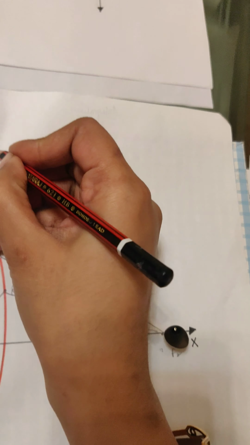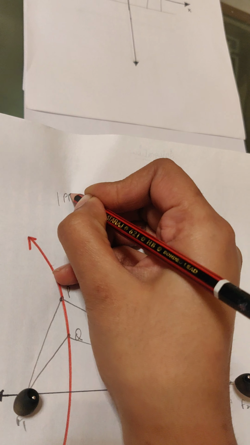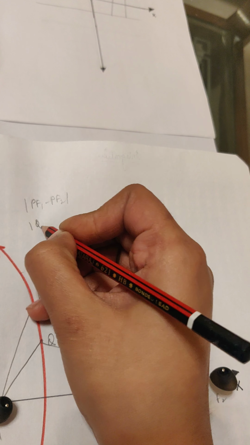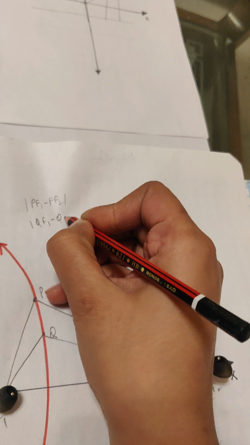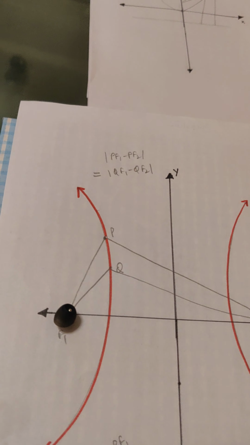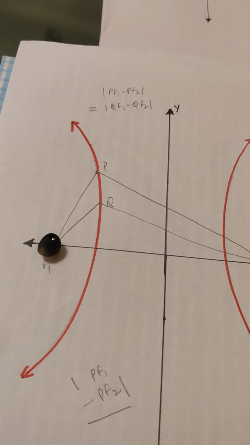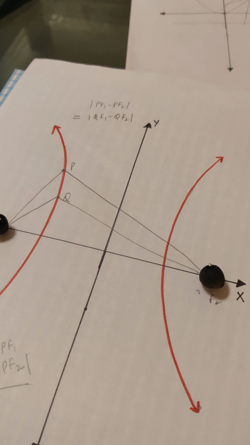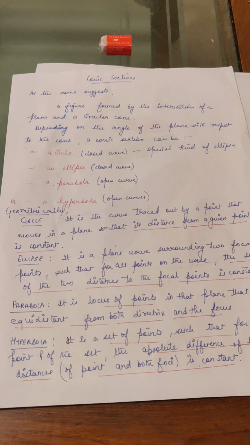So the absolute difference of PF1 minus PF2 and the absolute difference of QF1 minus QF2 is always the same, for any point, right? So this was about the geometrical representation of these conic sections.